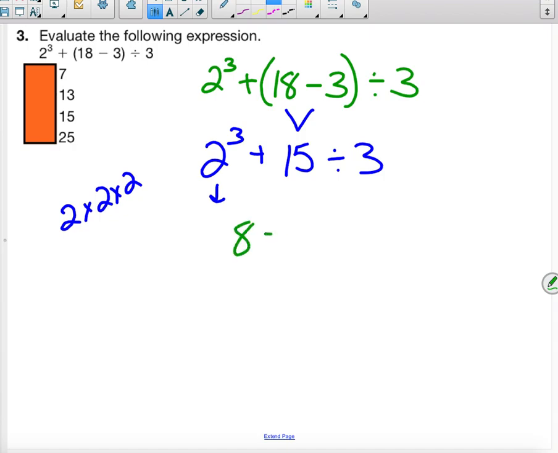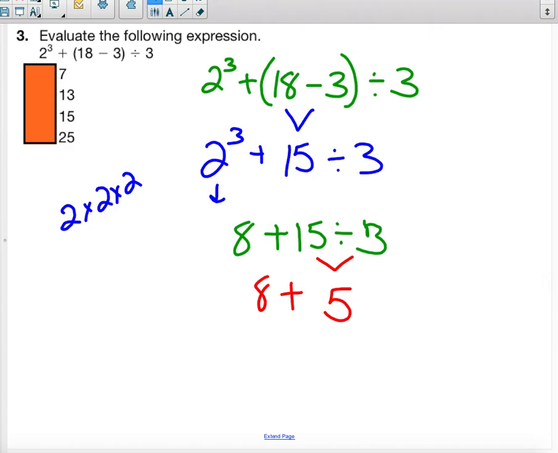So now we have 8 plus 15 divided by 3. We know that we have to do the division or multiplication from left to right before we add. So 15 divided by 3 is 5. So now we have 8 plus 5. 8 plus 5 is 13. And so our answer is B.